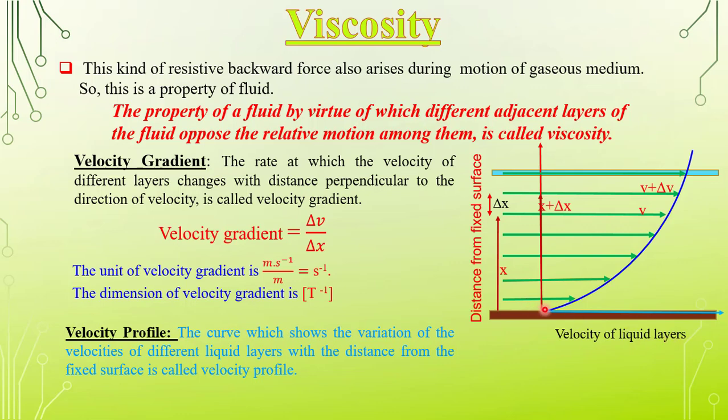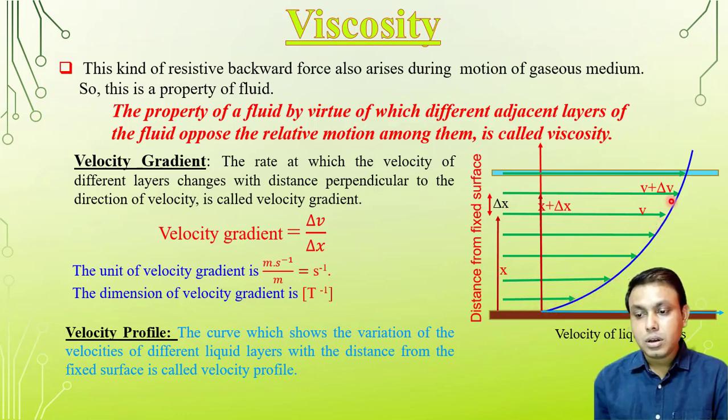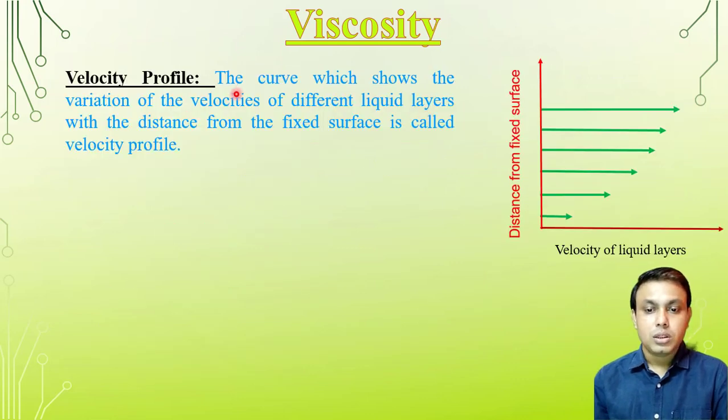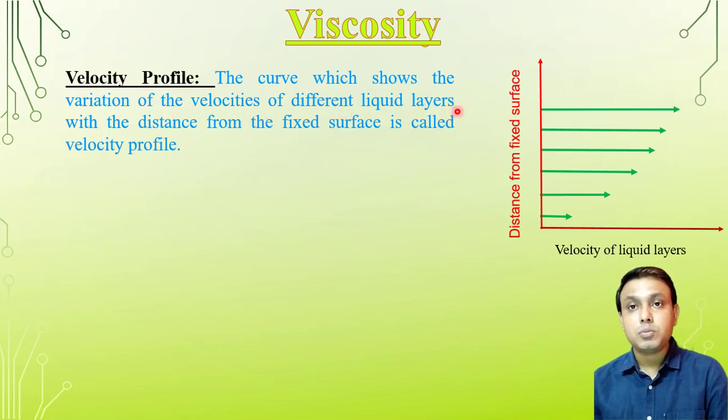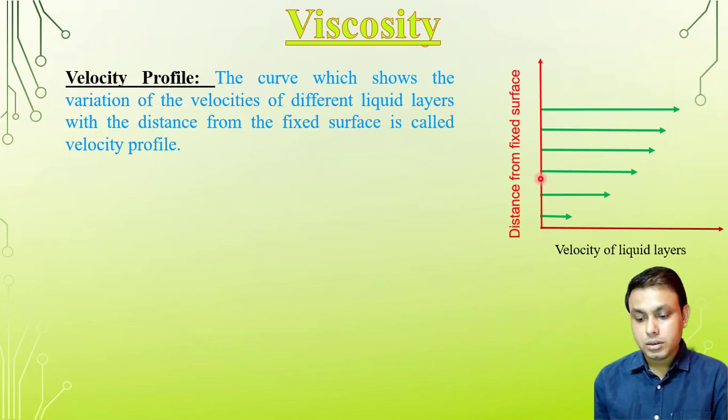Then this curve represents the variation of velocity with distance, and this curve is called velocity profile.